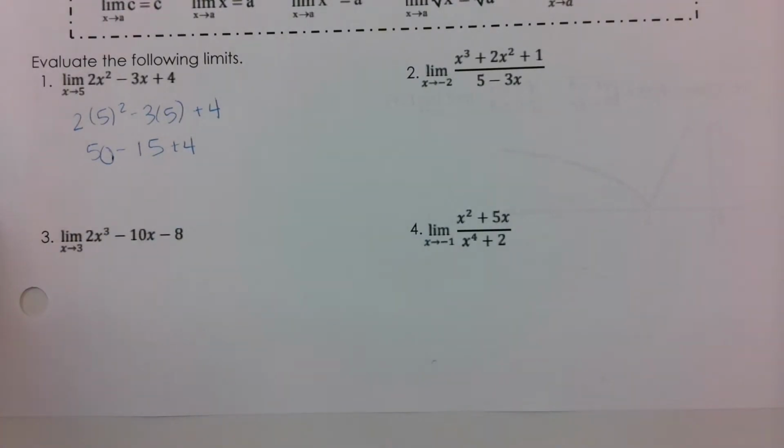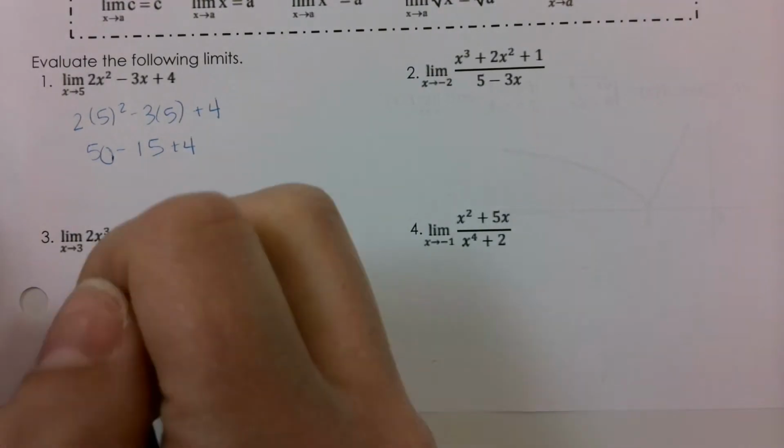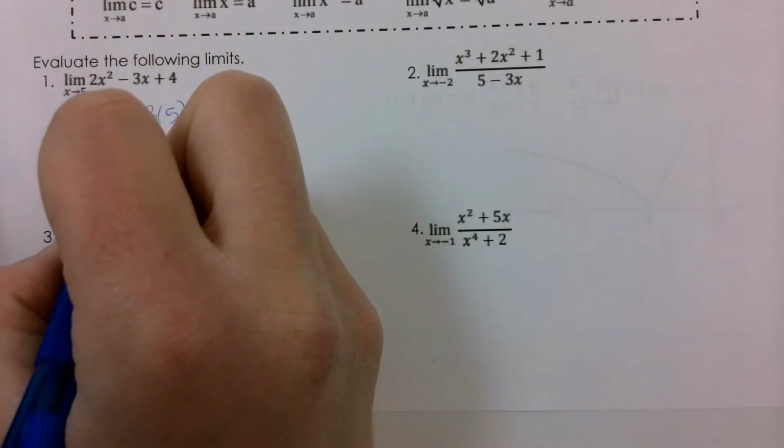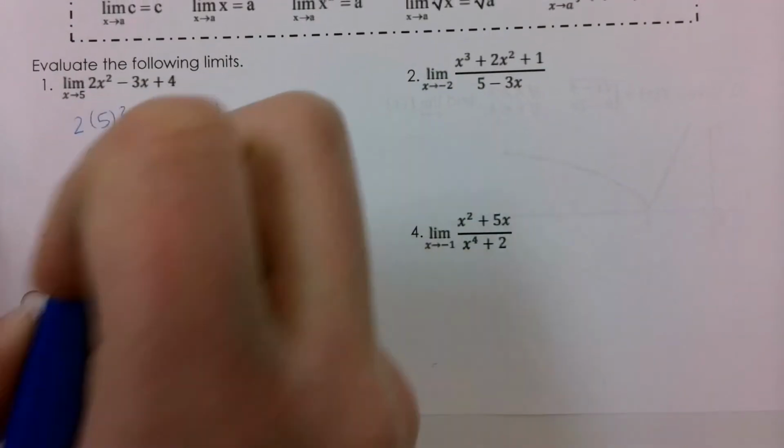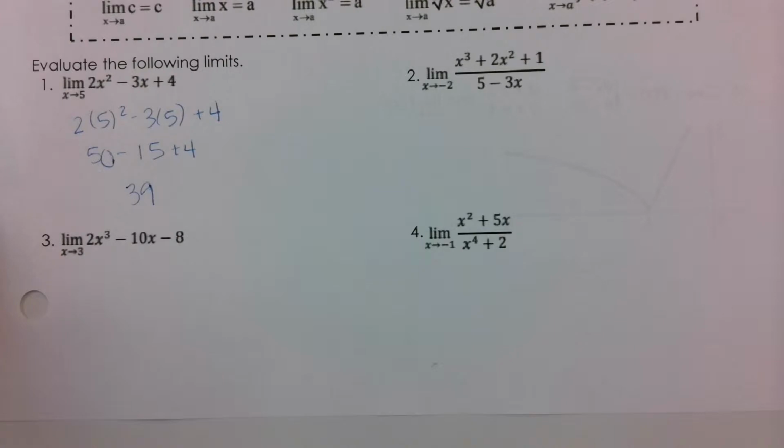So 50 minus 15 plus 4. Is that all right? Yeah, as long as it's just a polynomial, yeah.